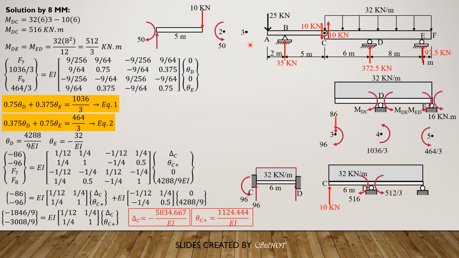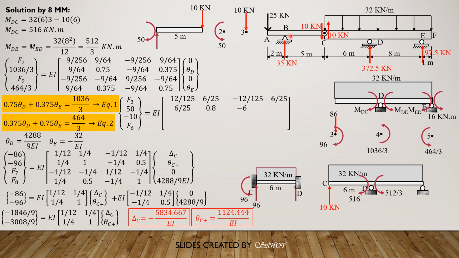Then at 3, we have 10 kilonewton downward only. So let's set up F3, then we have 50, then negative 10, then we just call it F6. EI, then 12 times 1, because EI is constant here, divided by 5 cubed is 12 over 125.